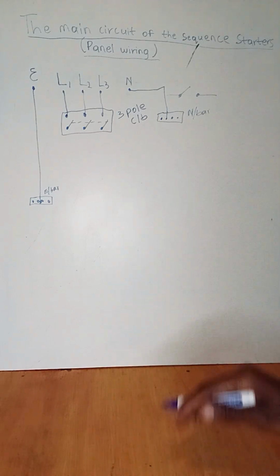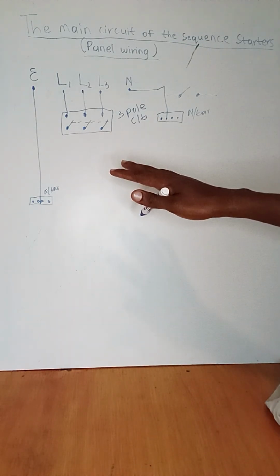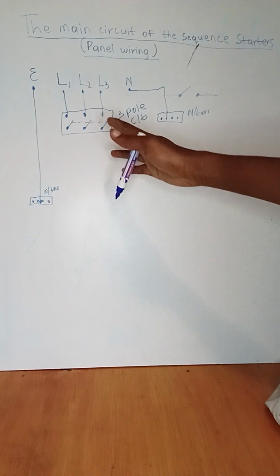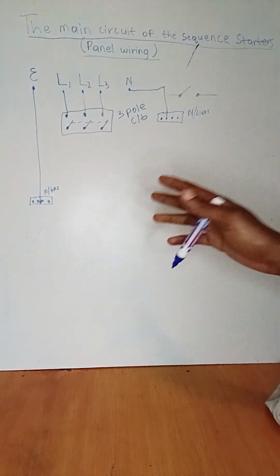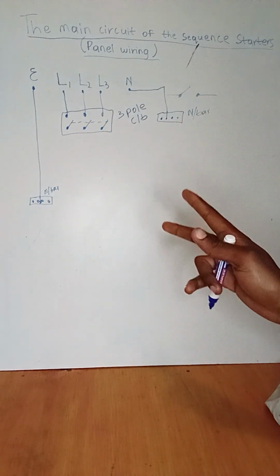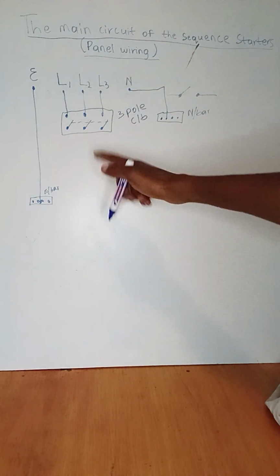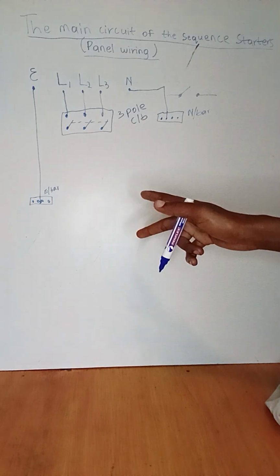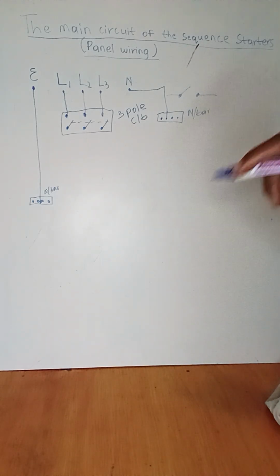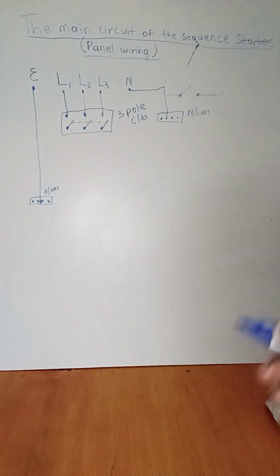Right, from there we will have the contactor of motor 1. Remember, in the sequence starter we use two motors, which is motor 1 and motor 2. So we will firstly deal with motor 1 and connect motor 2 after.